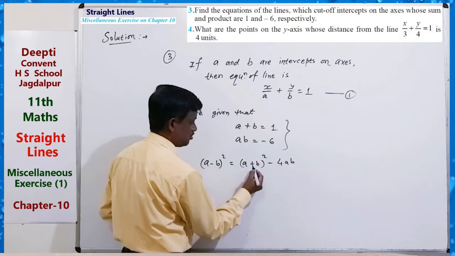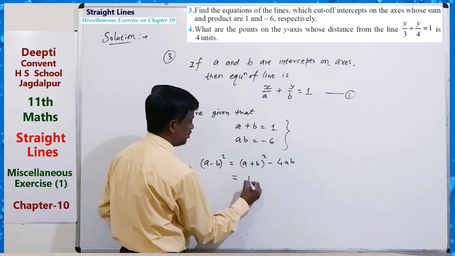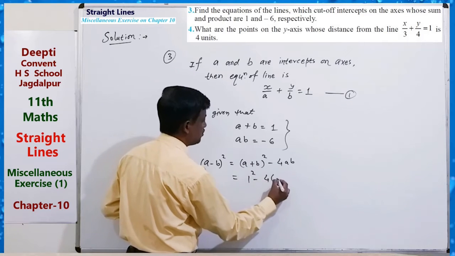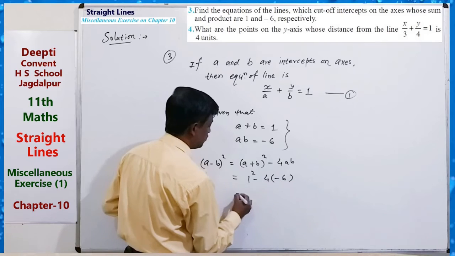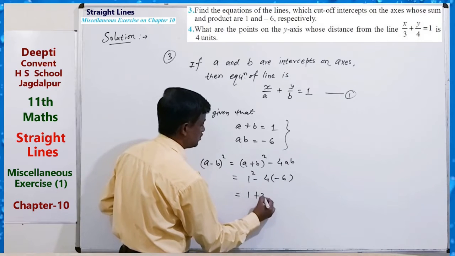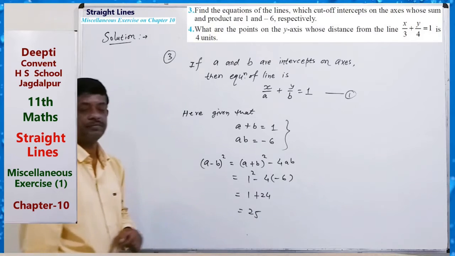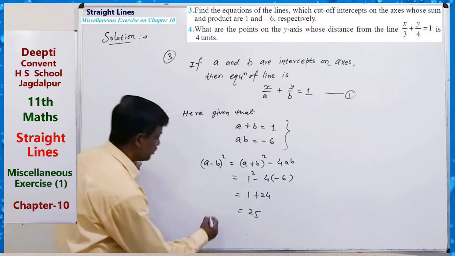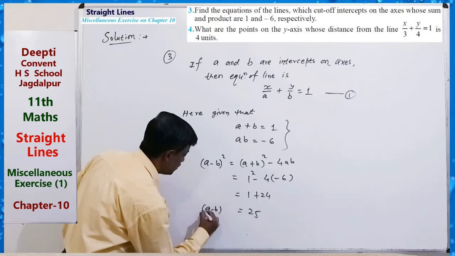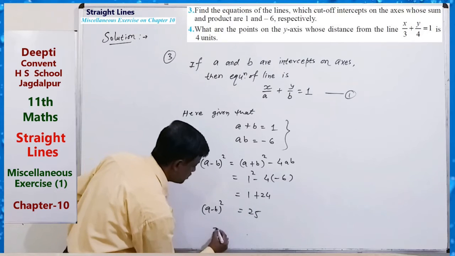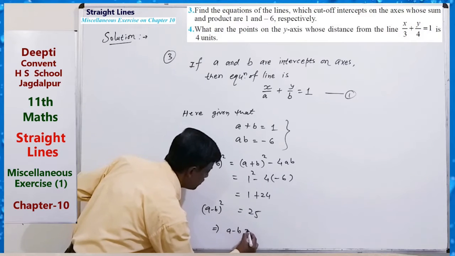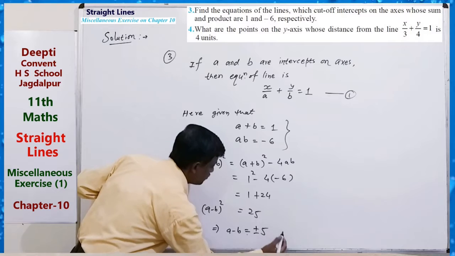Just write a plus b means 1 square minus 4 into ab means 6, equals 1 plus 24 equals 25. So a minus b whole square equals this, which implies a minus b equals plus or minus 5.